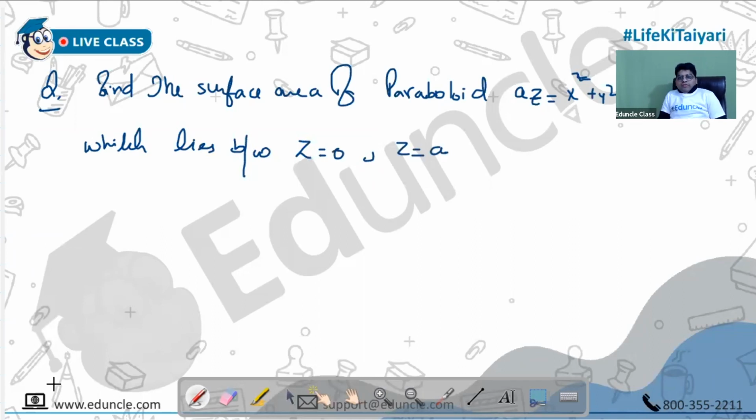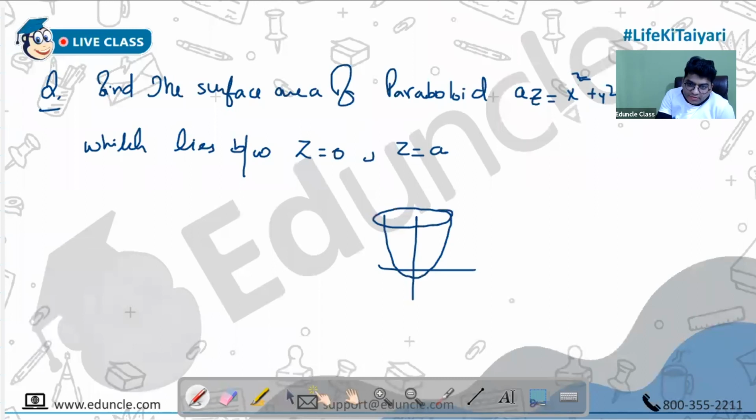Now you have the surface z is equal to 0 and z is equal to a. When you take z is equal to 0, that is x square plus y square is equal to 0. So I think you have a parabolic sheet like that, right? I think this kind of 3D figure. Are you getting my point?